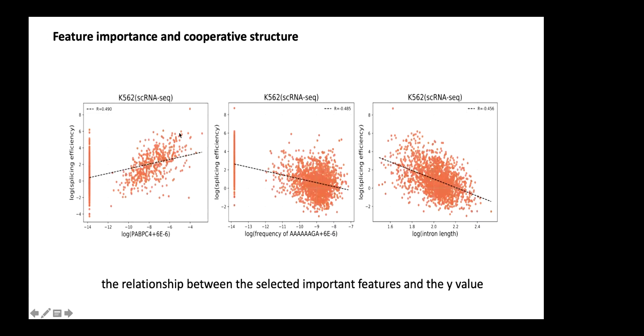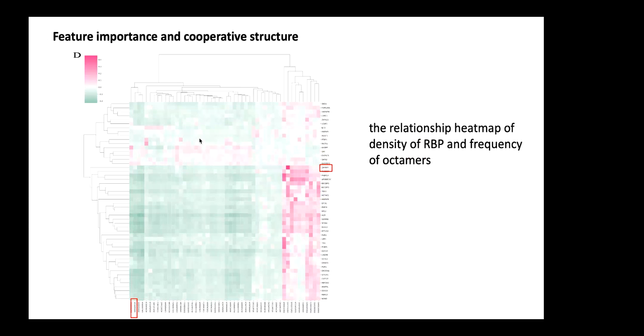Here, we display the relationship between the selected important features and the splicing efficiency. They are all highly correlated with our Y value. Because of the relationship between the RNA binding protein and octamers, we plot the relationship heat map of density of RNA binding protein and frequency of octamers.